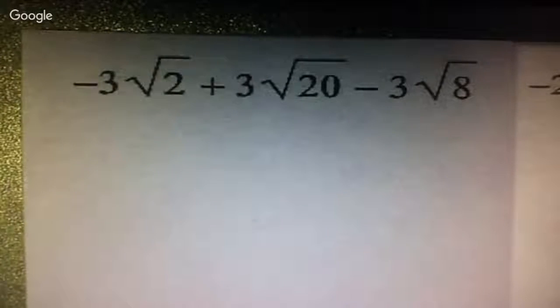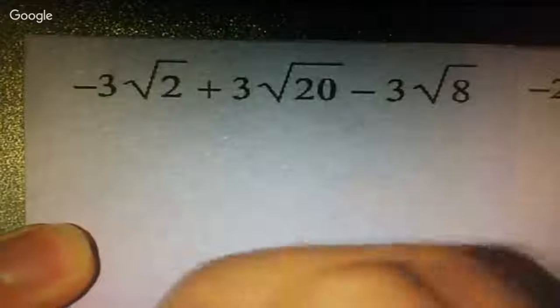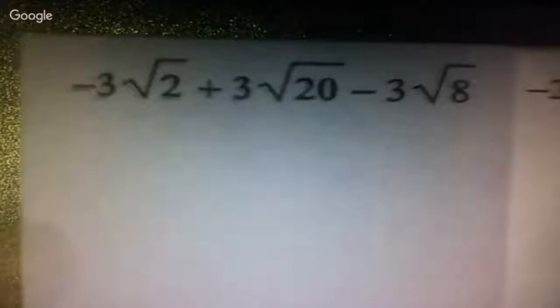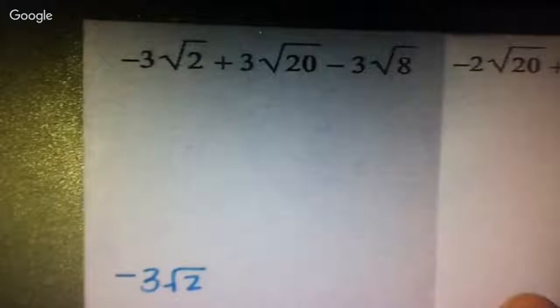Take a look at my first radical, negative 3 square root of 2. We don't need to simplify it. The square root of 2 is already in simplest terms. 2 is already prime. So I'm just going to transfer that down: negative 3 square root of 2. Let me shrink that just a little bit because you can't see what I'm doing.